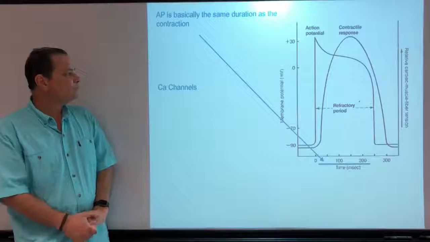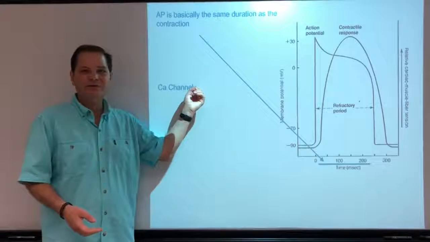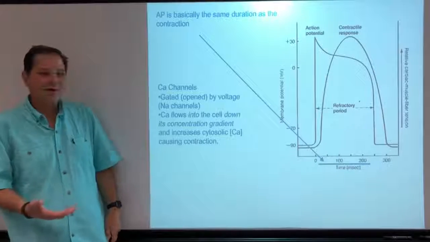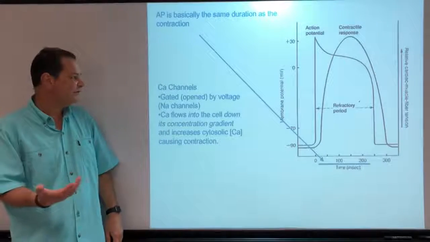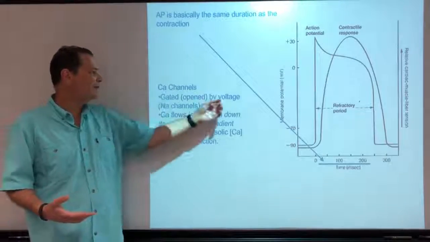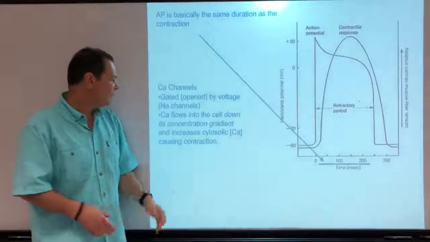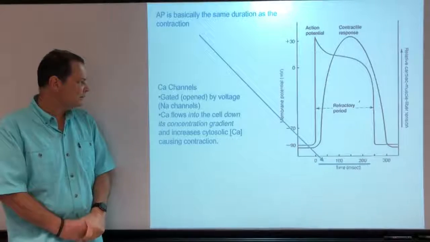Its purpose, really truthfully, in terms of cardiac muscle, is to open calcium channels. Okay, calcium channels in the cell membrane of the cardiac muscle, called the sarcolemma, are gated by voltage. They open when the voltage goes up. Okay, sodium channels are the same way. They open when voltage goes up.